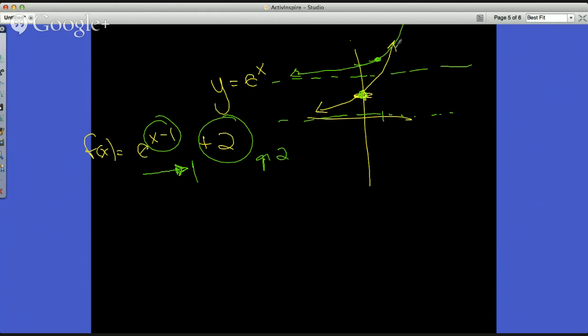Now all of a sudden it will just be going upward, up 2. So my horizontal asymptote for my base e would be at y equals 2. Your horizontal asymptote is at y equals 2, exactly.